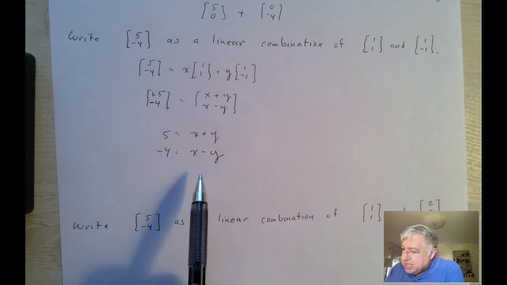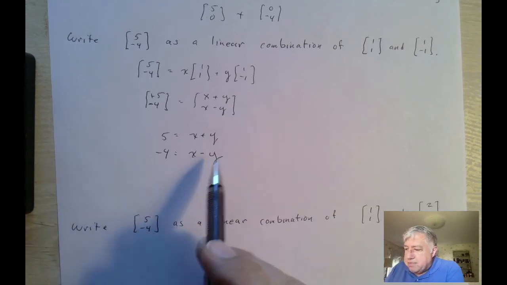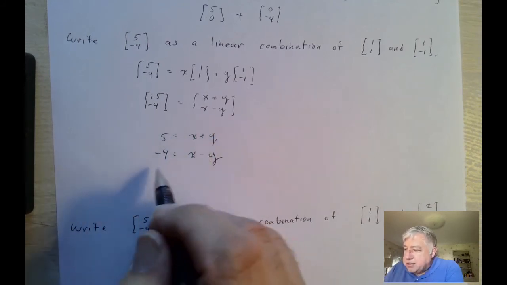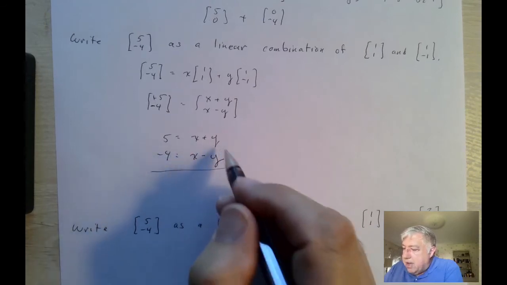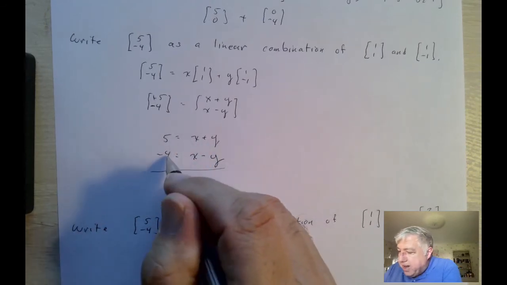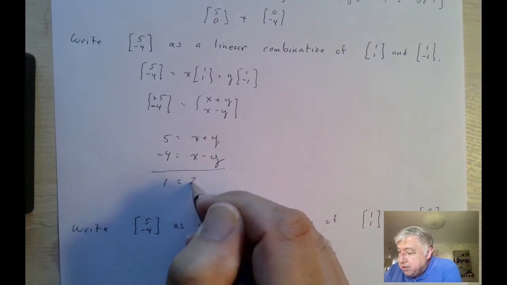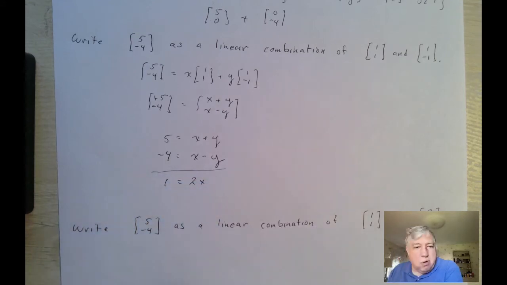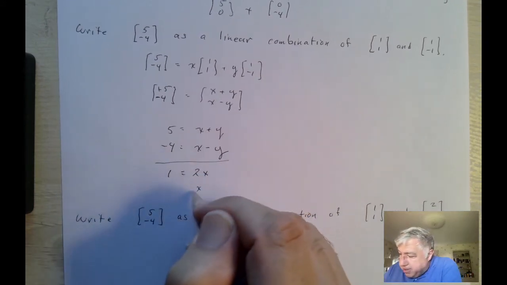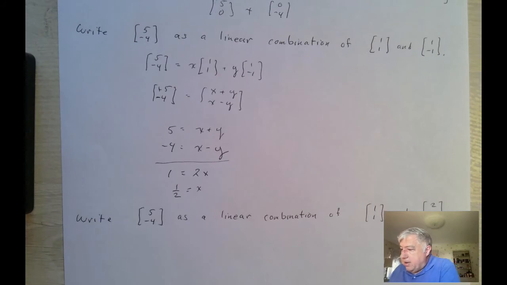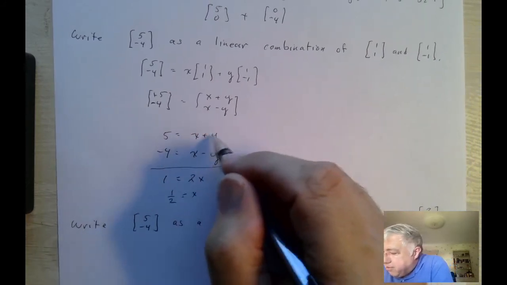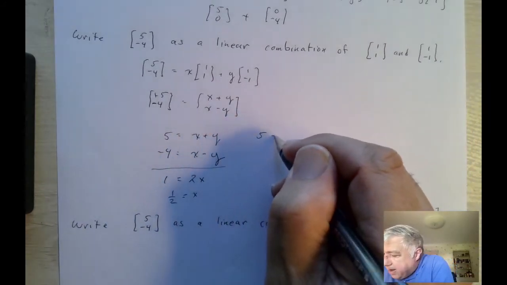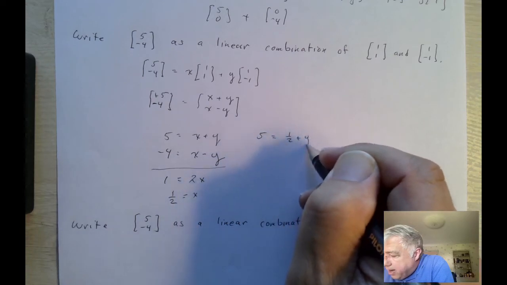But I think we can see that we can solve this by adding these two equations together, and the y's will cancel, and so we get 5 plus negative 4 is 1 equals 2x plus 0y. So x is going to be 1/2. And then we can plug x into one of these equations. We can say 5 equals 1/2 plus y.